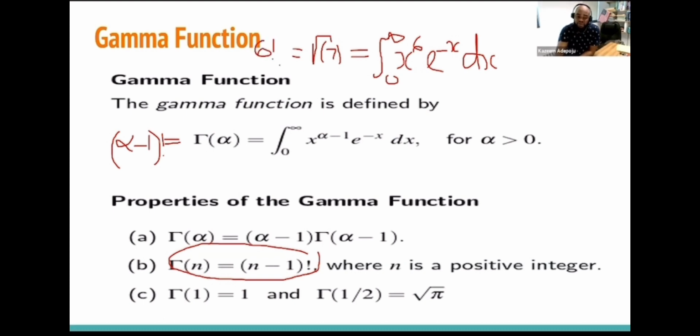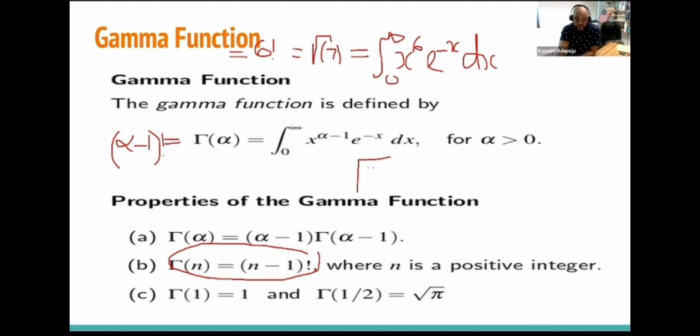Of course, we all know what 6 factorial means: 6 times 5 times 4 times 3 times 2 times 1, which is very easy to figure out. Among other properties of a gamma function is this, that gamma alpha can be written as that. So that is going to be kind of recursive.